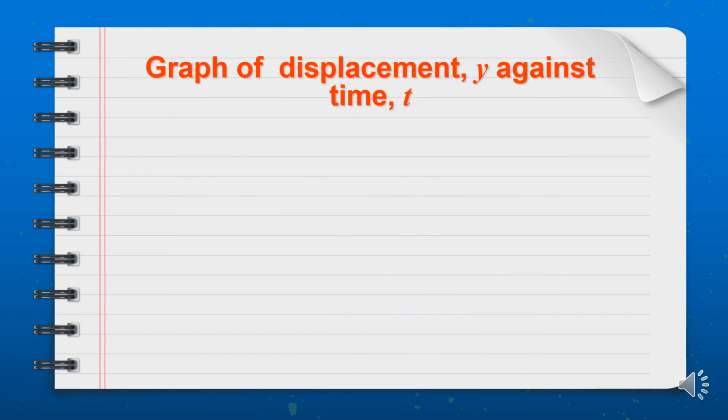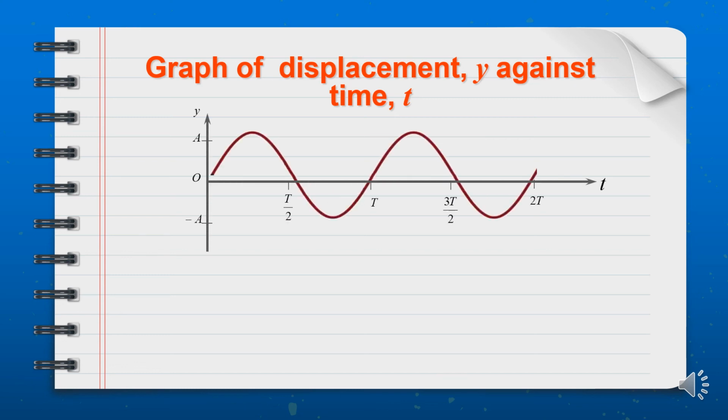Graph of displacement y against time. We already learned about this topic before in the chapter on simple harmonic motion. We take a look at the graph. This is the graph of displacement y against time. If we look at this graph, it is in the shape of a sine function.